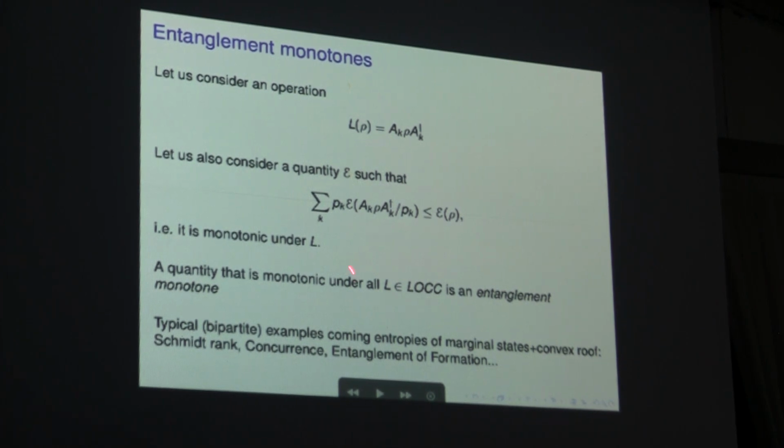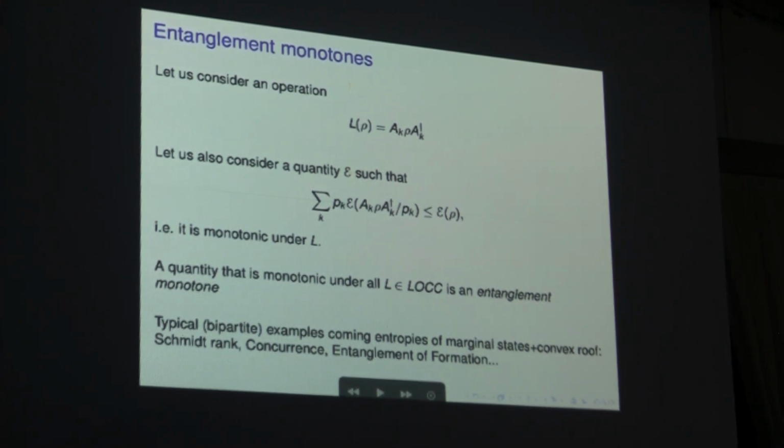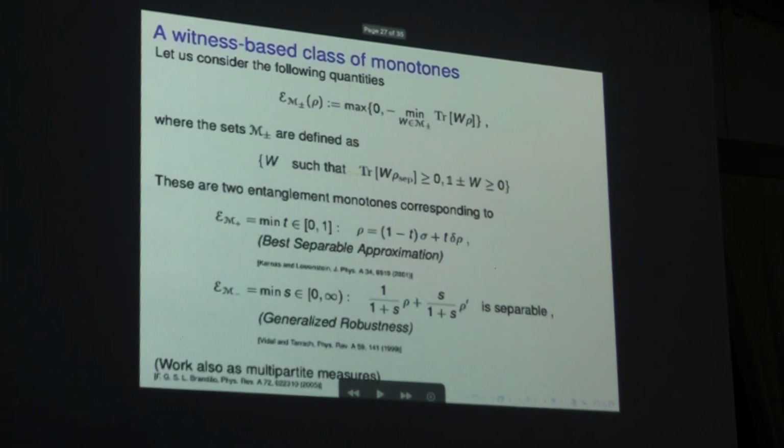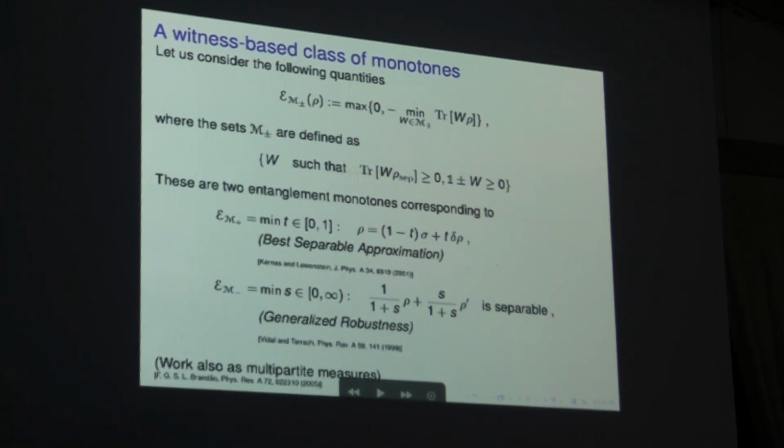Your measure of entanglement should be something which, at least on average, does not increase under local operations and classical communication, and it should be 0 on separable states and so on. In this way, you define many entanglement monotones, which turn out to be non-equivalent to each other, so it's a very complicated theory. But it doesn't really matter for this talk.